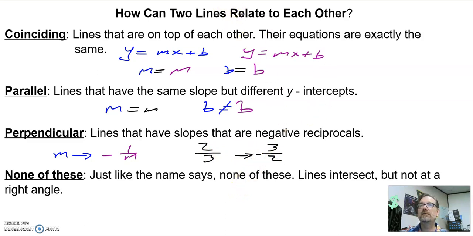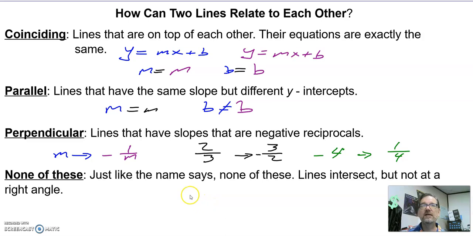Another example could be -4. This is a fraction, -4 over 1. When I flip it upside down, it becomes 1 over 4, and I change the sign from negative to positive.